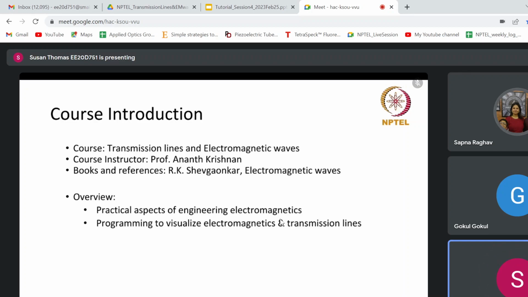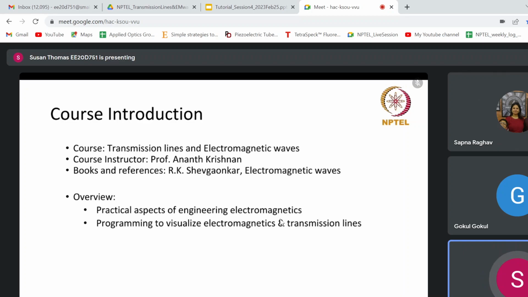And it's starting from transmission lines. But the point of view of this course is towards the programming aspect and visualizing what we learned in the very basic electromagnetic theory.